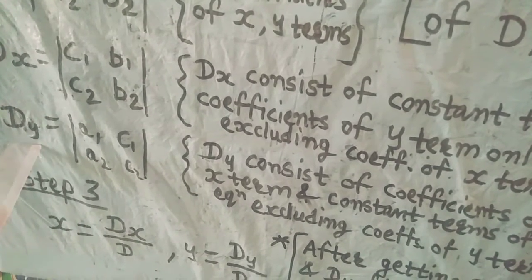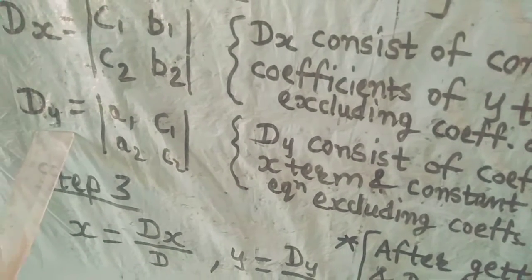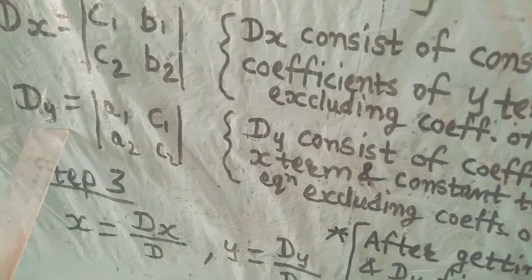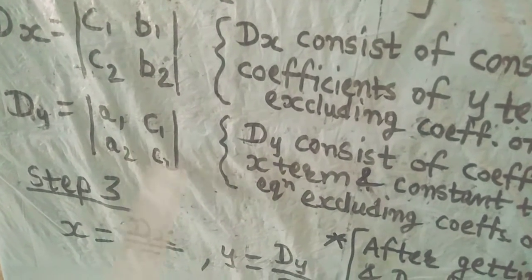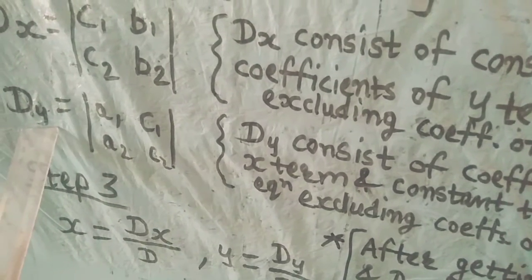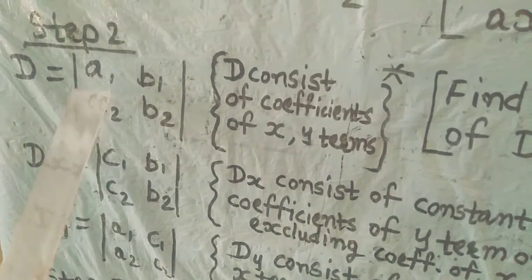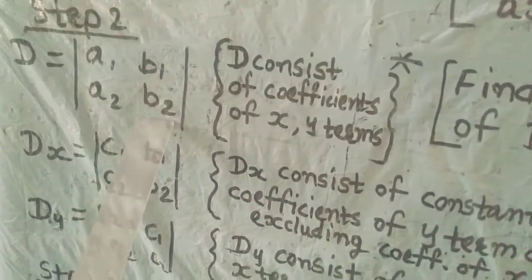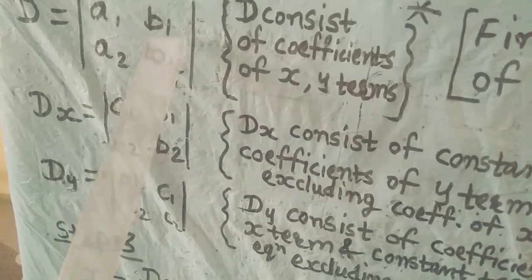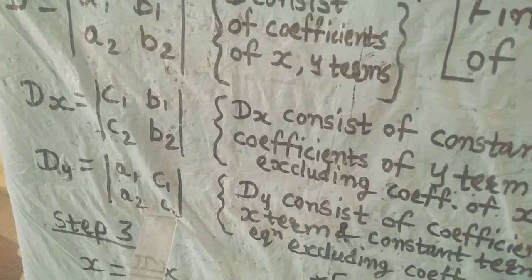Then third, that is Dy. Again you have to exclude y, and instead of y you take the constant terms. Observe determinant D again: a1 and a2 remain as they are, because we have to exclude the terms of y, which are related with b1 and b2. Exclude those values, and instead take c1 and c2.